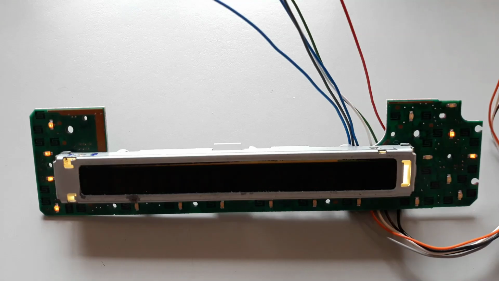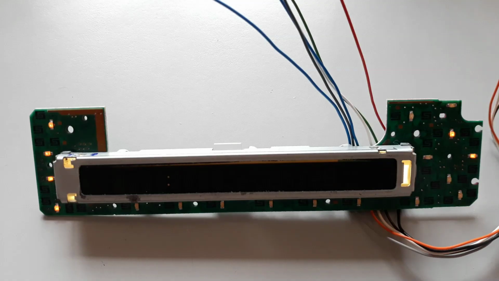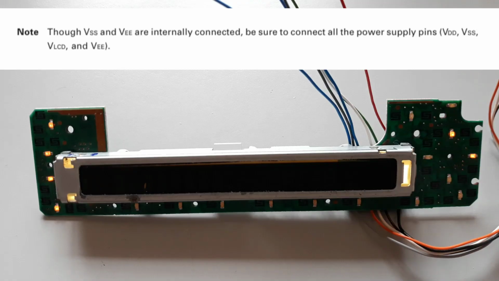Since this LCD uses 4 common lines, the required bias voltages are generated through 4 intermediate voltage levels using the pins VEE, VLC3, VLC2, VLC1, and VLCD. The datasheet specifically recommends connecting VEE directly to VSS.